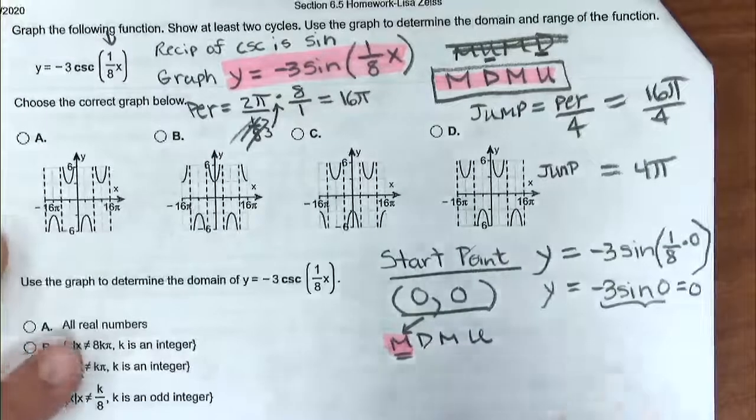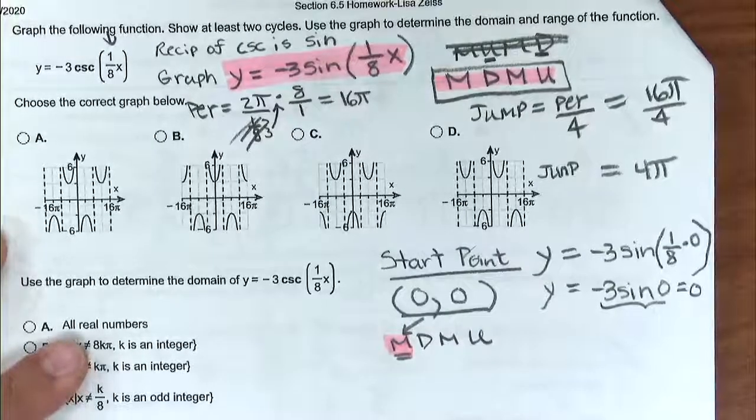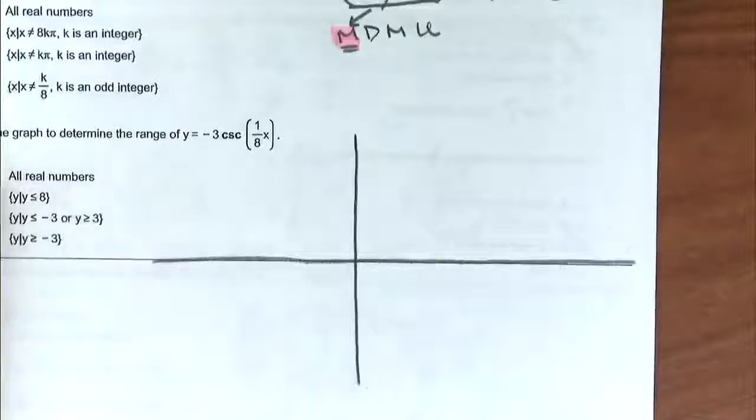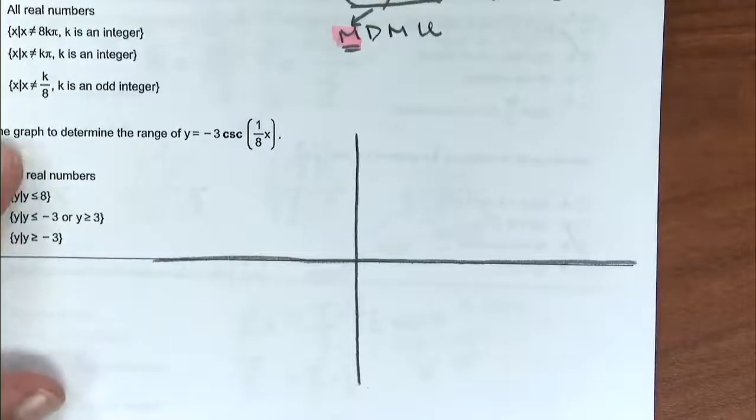We have everything we need to graph. Come down here. Okay, so your work there says that every 4 pi I'm going to put a little scale mark.